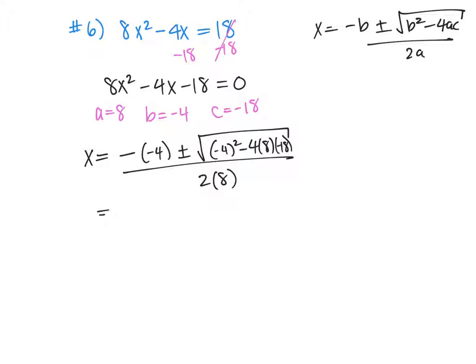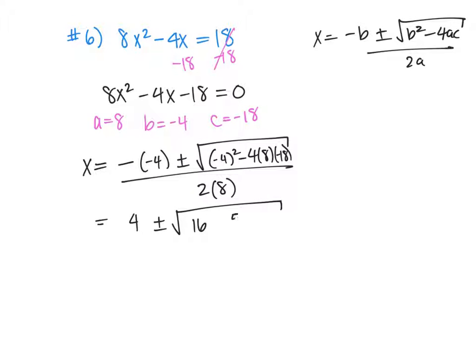So if I were to work this out here, these two negatives will make a positive 4 plus or minus the square root. Negative 4 squared is negative 4 times negative 4, which is a positive 16. 4 times 8 times 18 gives me 576.